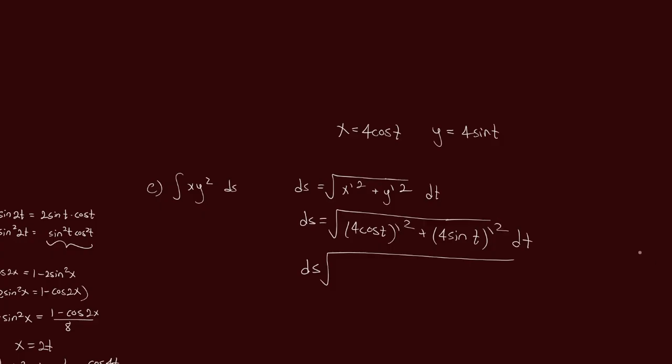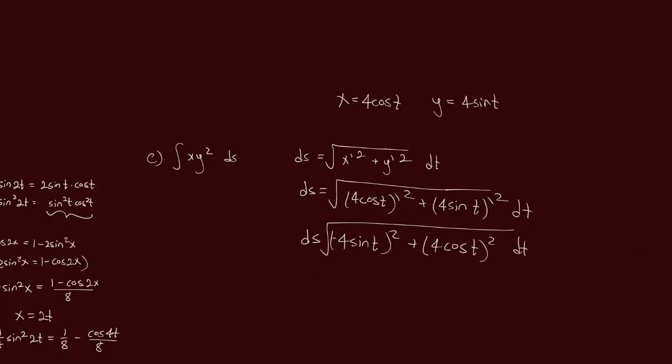Okay, so that's going to be minus 4 sin t squared plus 4 cos t squared dt, and that's going to give you 16 sin squared t plus 16 cos squared t dt.